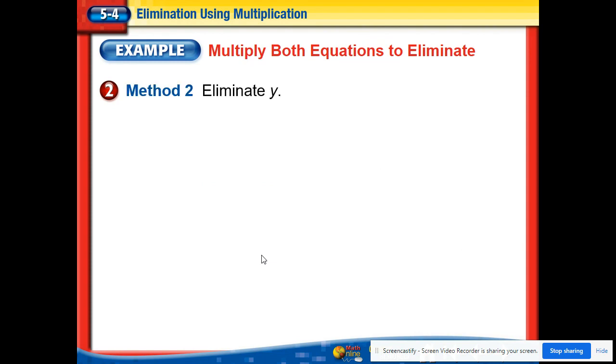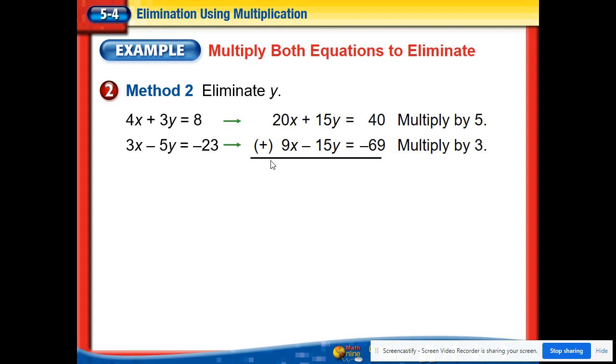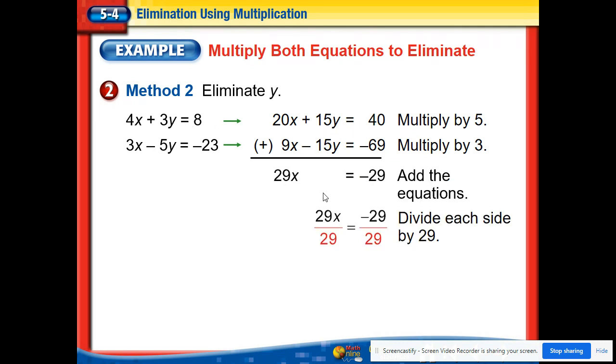So let's try it the other way, eliminating the y, which is what we talked about first. It's already got a negative and a positive, so I didn't have to worry about anything special. So multiply the top one by 5 and the bottom one by 3. 4 times 5 is 20, 15, and 40, and then so on. So 29x equals negative 29, and x equals negative 1.